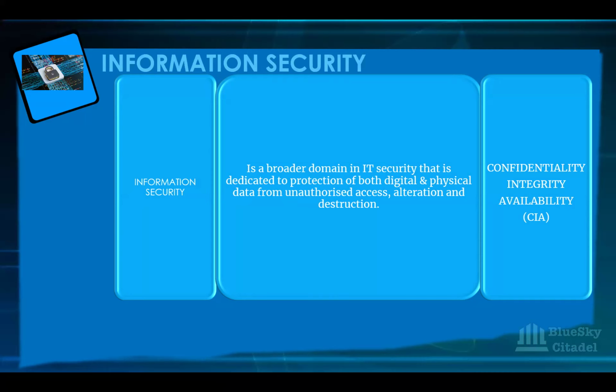And the protection is from who or what? It's from unauthorized access to confidential and sensitive information, alteration to information when data is being sent from one place to the other, and availability of information.